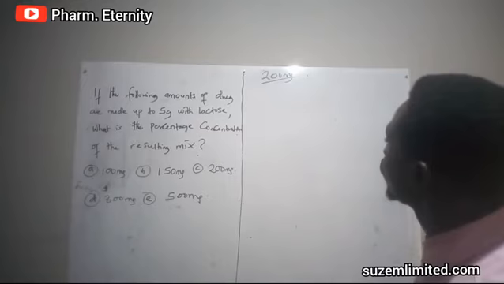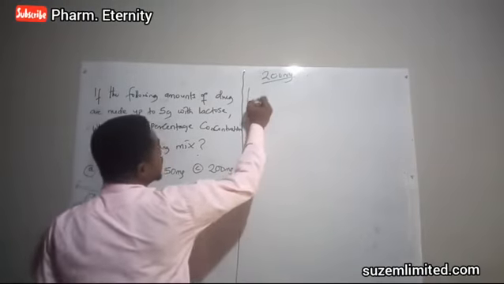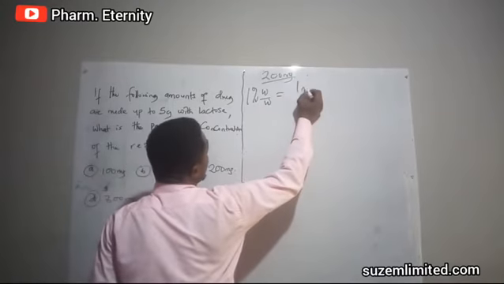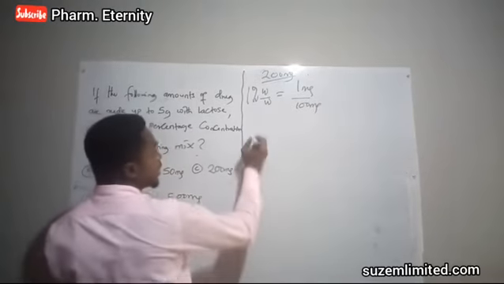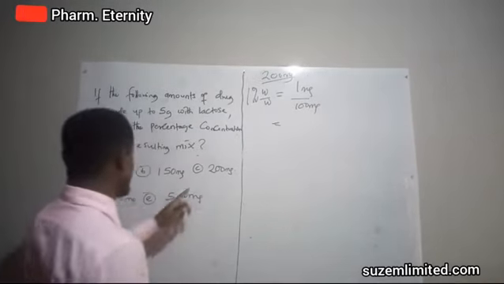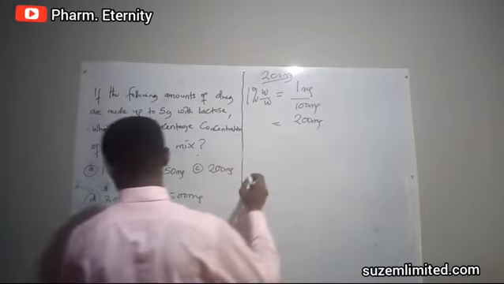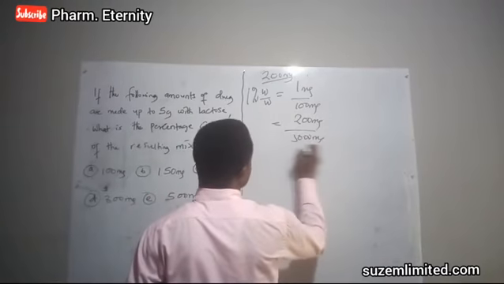On solving for 200 milligram, following the same pattern, we have that 1% weight per weight is equal to 1 milligram over 100 milligram. But we are looking at 200 milligram over 5,000 milligram.